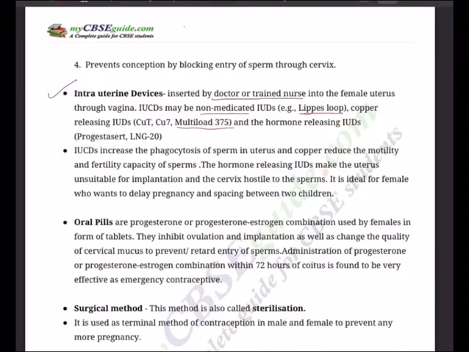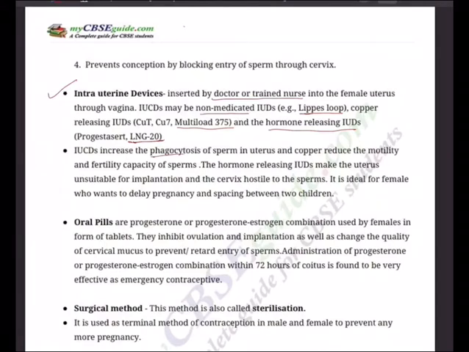You must remember that they are IUDs. And then hormone releasing IUDs: progestasert and LNG-20. Again, this LNG-20 is asked repeatedly. The difference between multiload 375 and LNG-20 is that multiload 375 is a copper releasing IUD, whereas LNG-20 is a hormone releasing IUD. So types of IUDs are there.